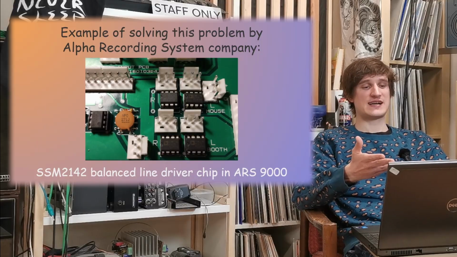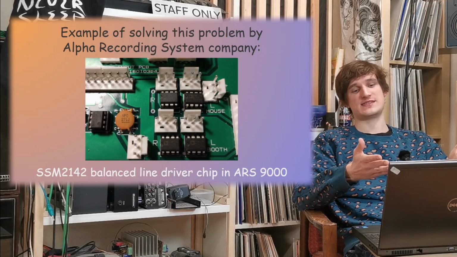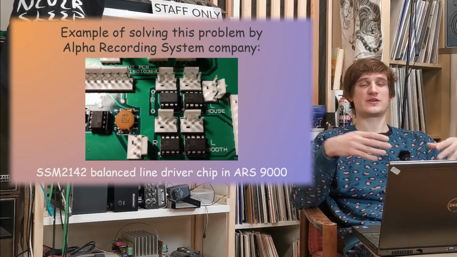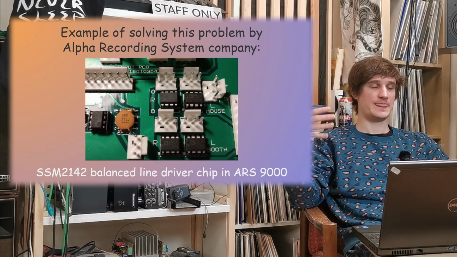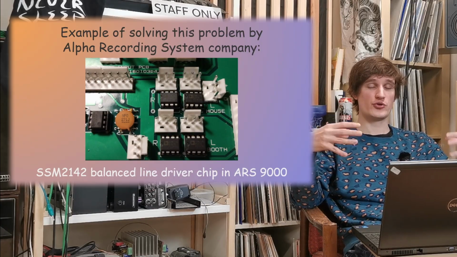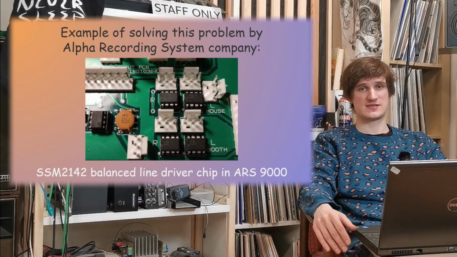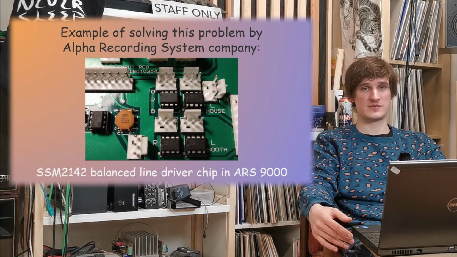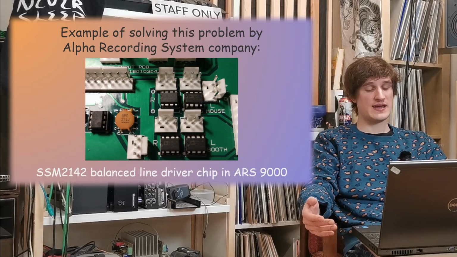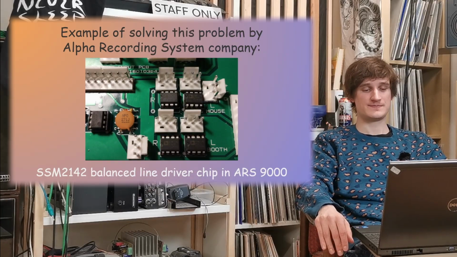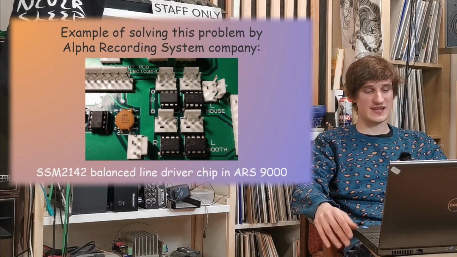And this is an example of how Alpha Recording System solved the problem of the output transformer, because as I said, this design is heavily Ray inspired, but they solved the output transformer problem in a modern way. They just used balanced line driver chips. This is nothing new.